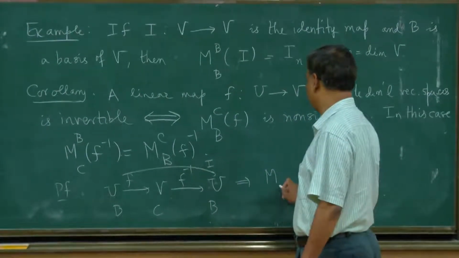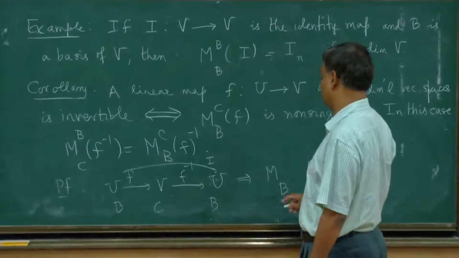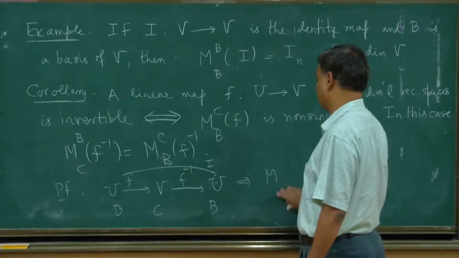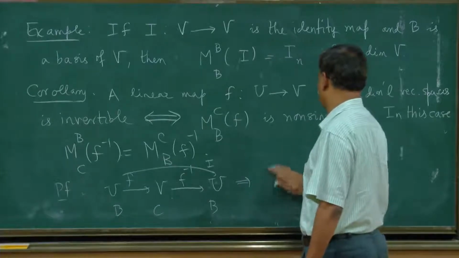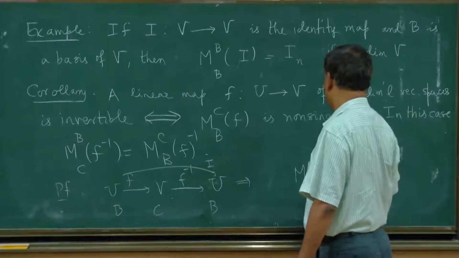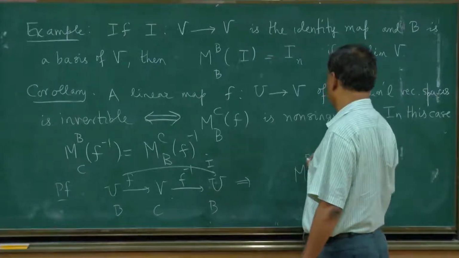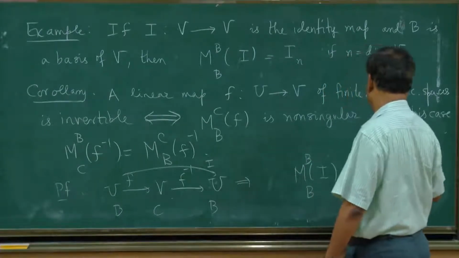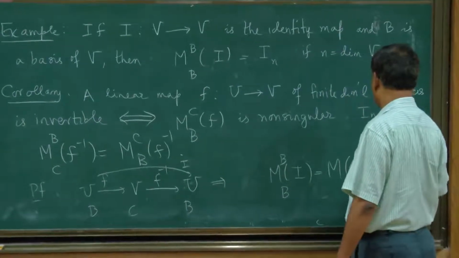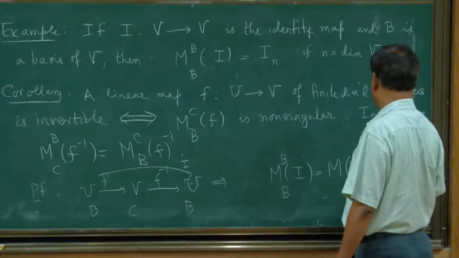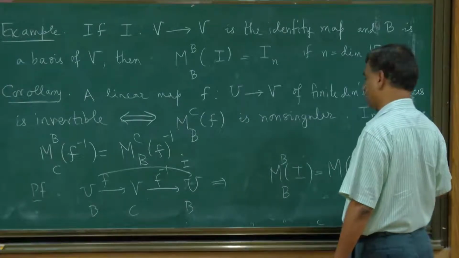So the matrix of the identity, from B to B, U to U, will be the matrix of F followed by F inverse.